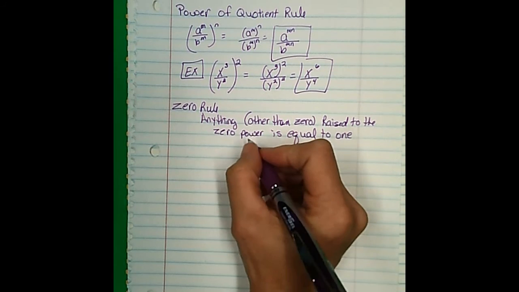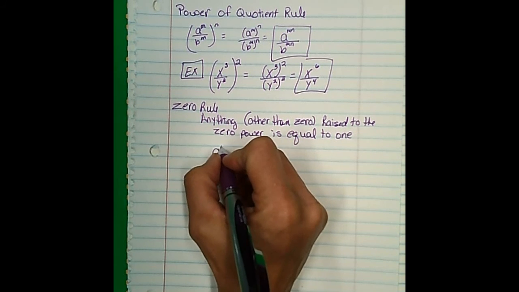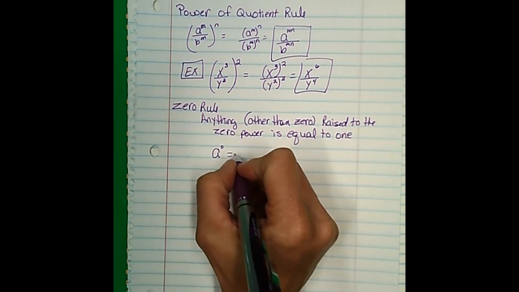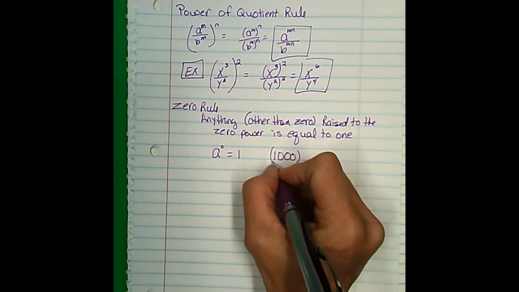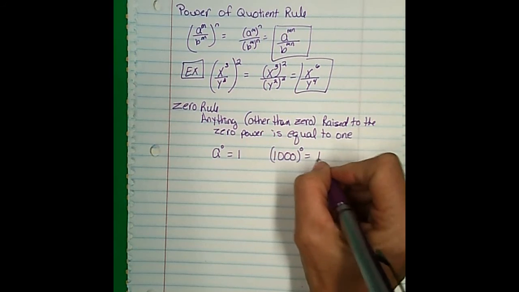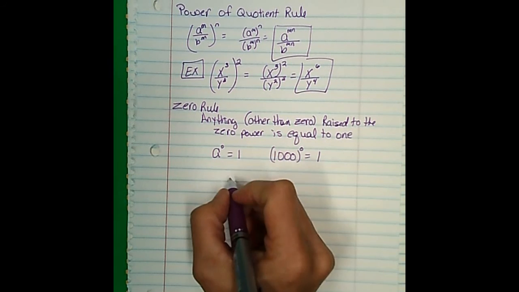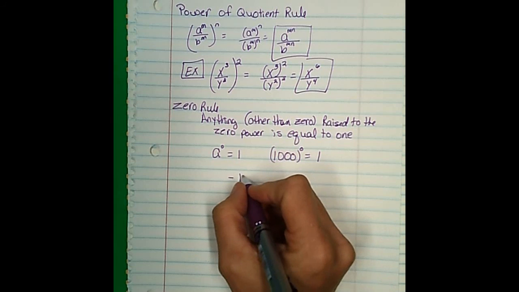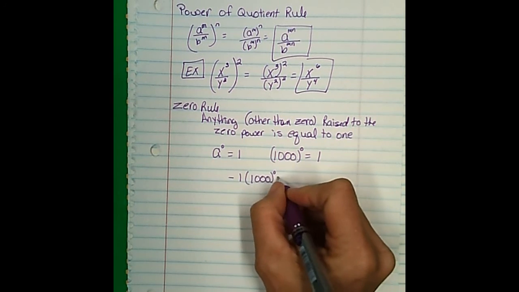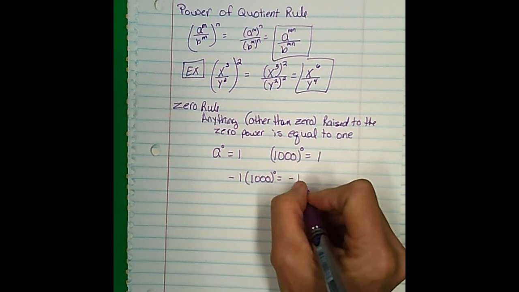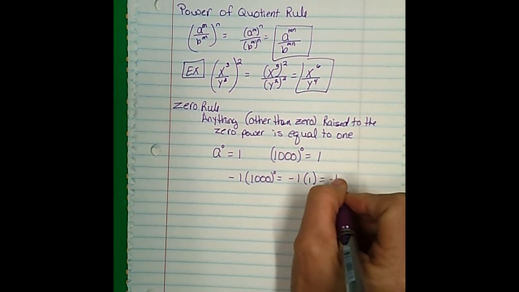Well, let's talk about that. If I have a raised to 0, it's 1. If I have 1,000 raised to the 0 power, that's just 1. If I have negative 1 times 1,000 raised to that power of 0, then I have negative 1 times 1, which is just negative 1.